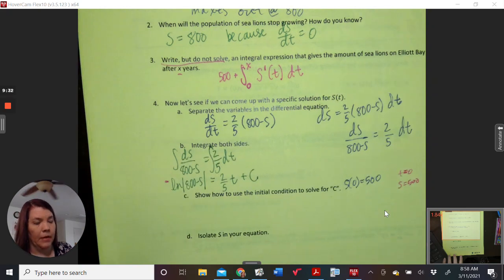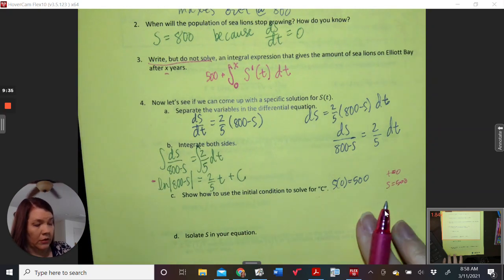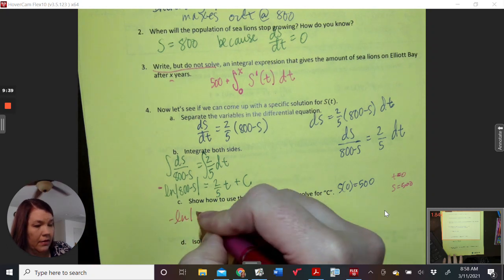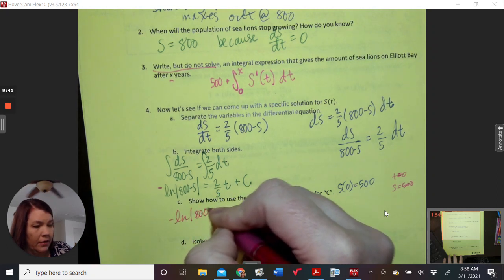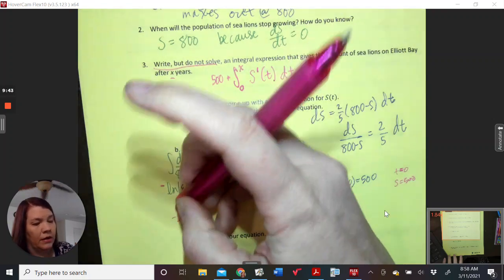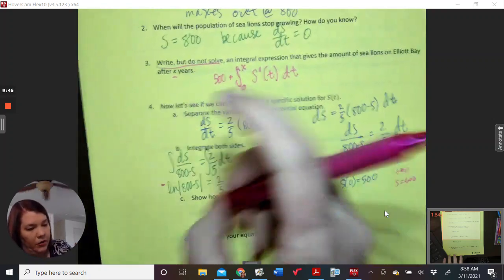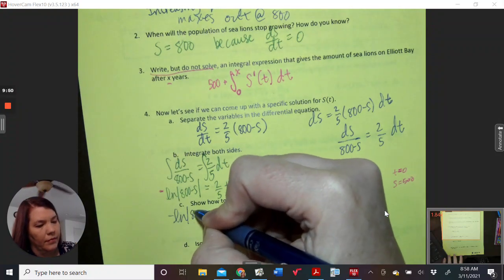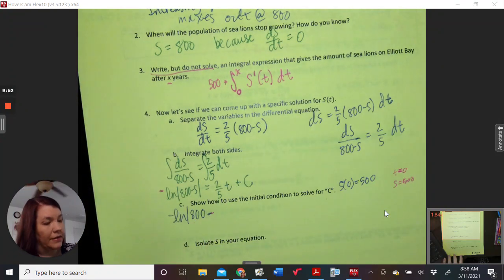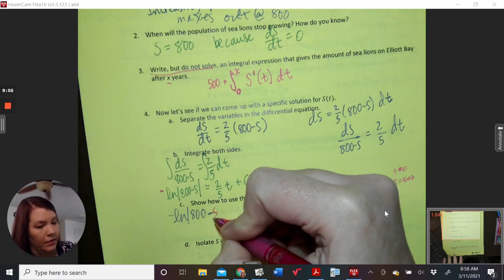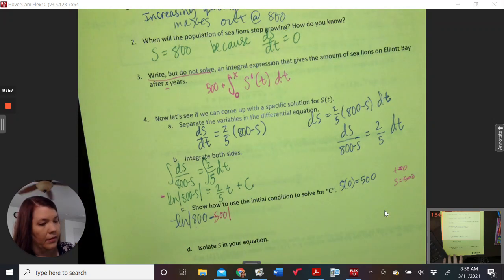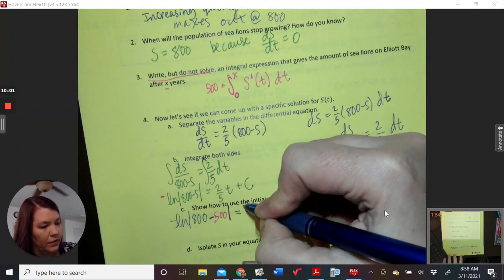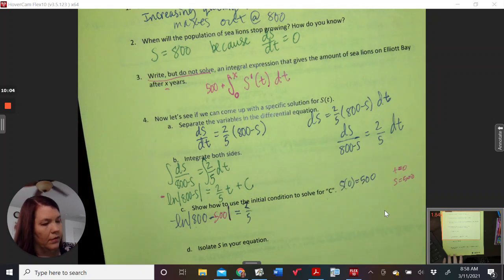So we're going to get negative ln of 800 minus s, which is 500, equals 2/5 times 0 plus c.